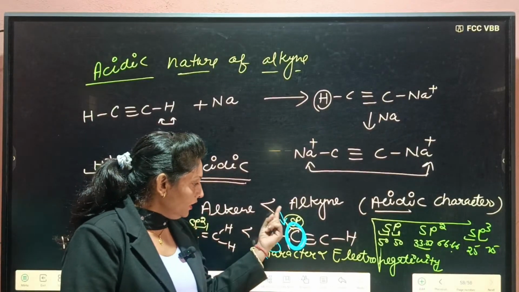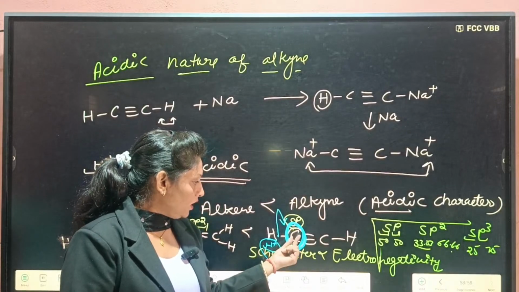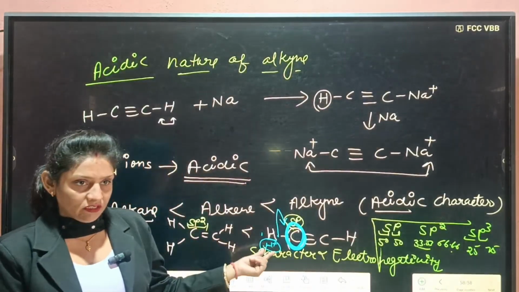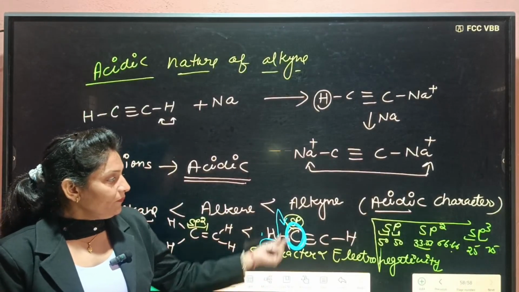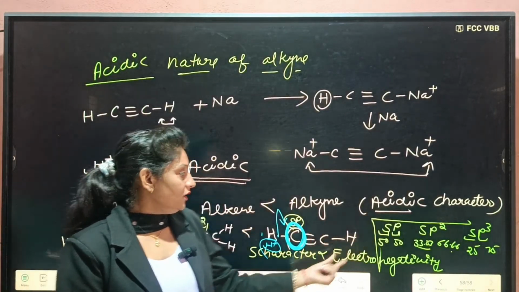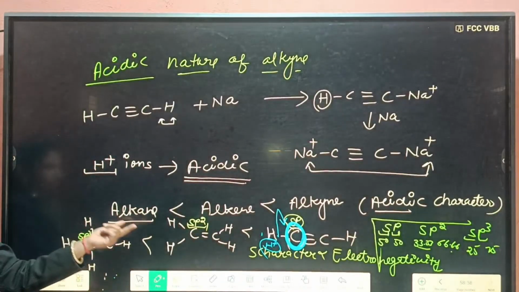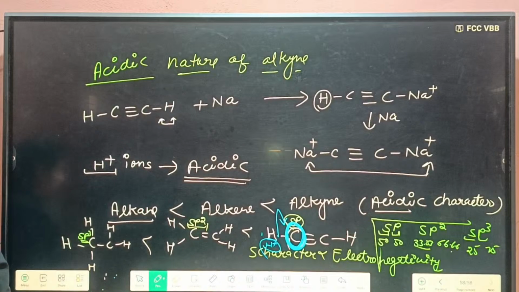So it can release H positive ions easily. That's why alkynes are more acidic as compared to alkenes, and alkenes are more acidic as compared to alkanes. Clear or not? Yes.